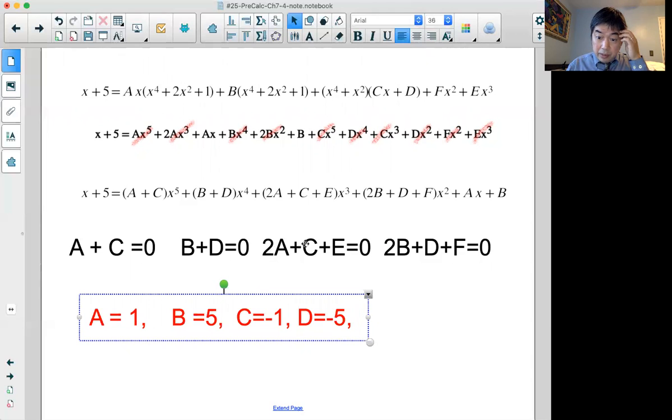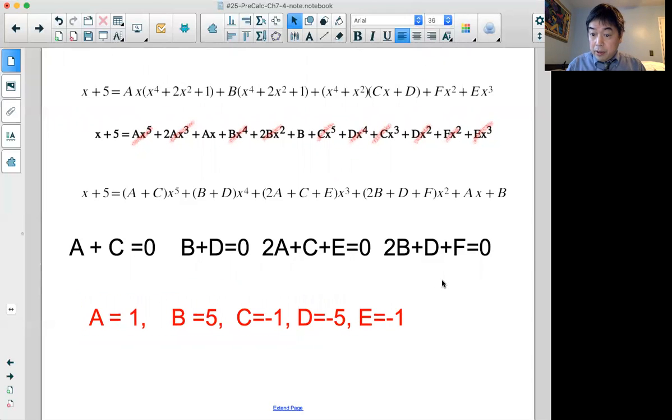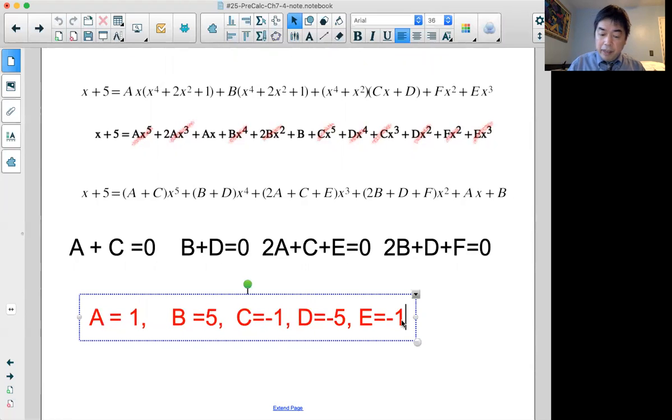So 2 plus negative 1 is 1. 1 plus E is 0. So E must be negative 1 as well. Okay, here you have to do mental math. 2 times 5 is 10. D is negative 5. So 10 minus 5 is 5. And 5 plus F is 0. So if we didn't make a mistake, F must be negative 5.